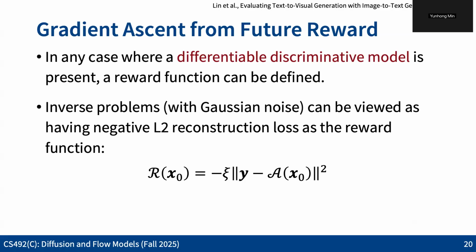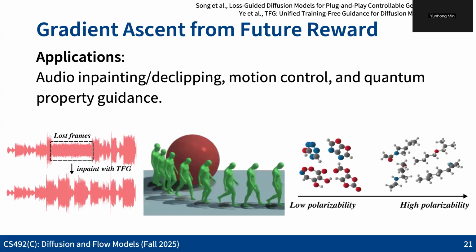So this is really a general framework that can be applied to many applications and many modalities as well. Not only for the images and videos that we have seen multiple times, but also for many other cases, even ones that I don't know well.